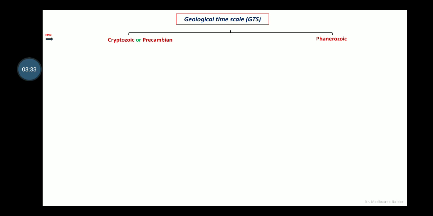First of all, the geological time scale consists of several eons. An eon is a long period of time, as long as 100 or 1000 million years. So in our geological time scale, there are two eons. One is Cryptozoic or Precambrian, and another one is Phanerozoic.